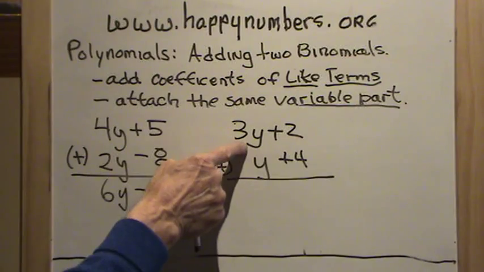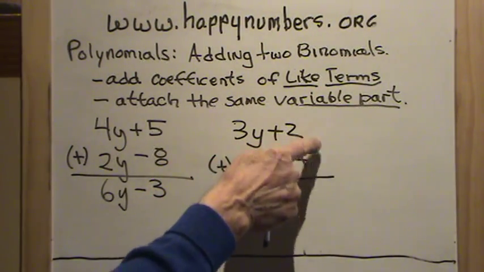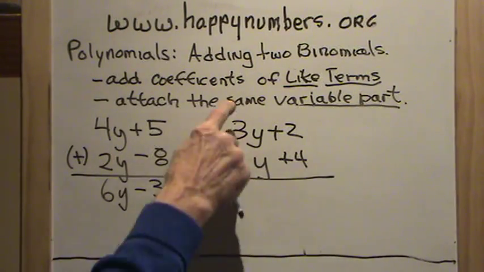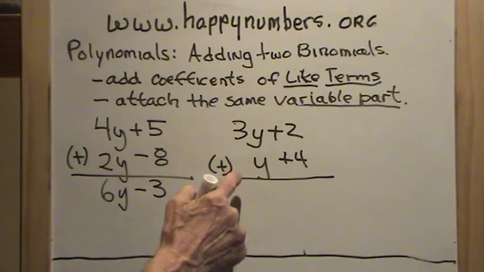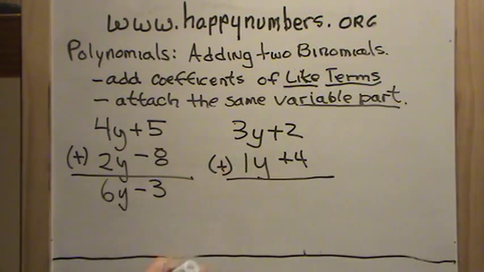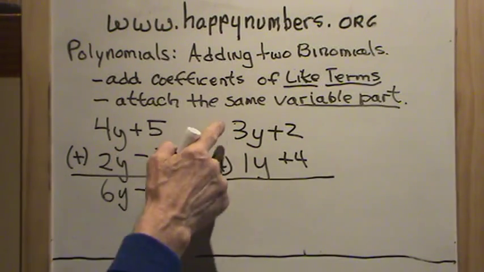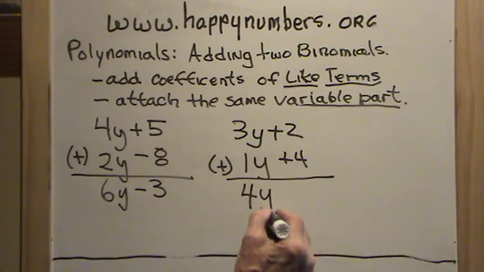Our variable parts are the same here, and our variable parts are the same here because there are none. So we have like terms, so we can combine them. So we add the coefficients. Remember, this is 1y here. It's not written, but it's 1y. So 3 and 1 is 4. And the variable part is y, so we have 4y.